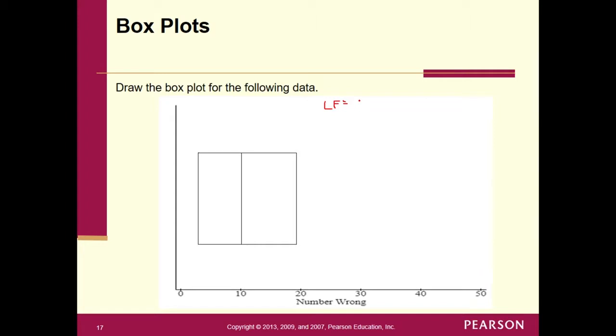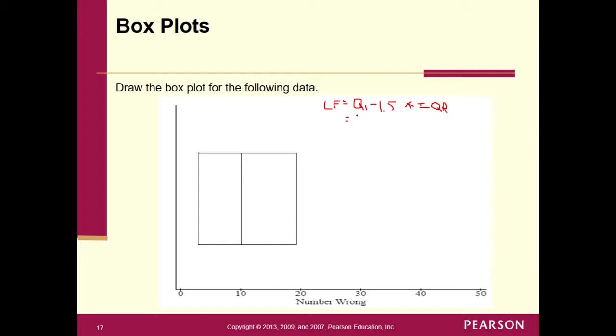Lower fence, how do you calculate it? Lower fence would be Q1 minus 1.5 times the IQR. We know these values, so let's calculate the lower fence.